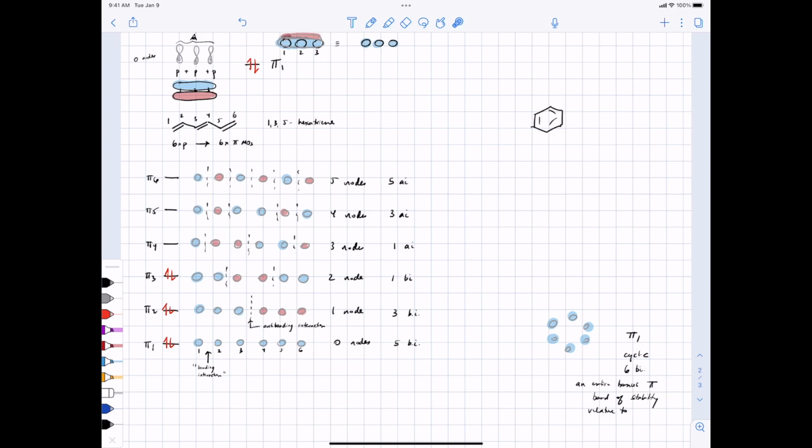Okay? And what that means is the pi electrons for benzene are held lower in energy than you would expect for 3 isolated pi bonds, and so they're less reactive.